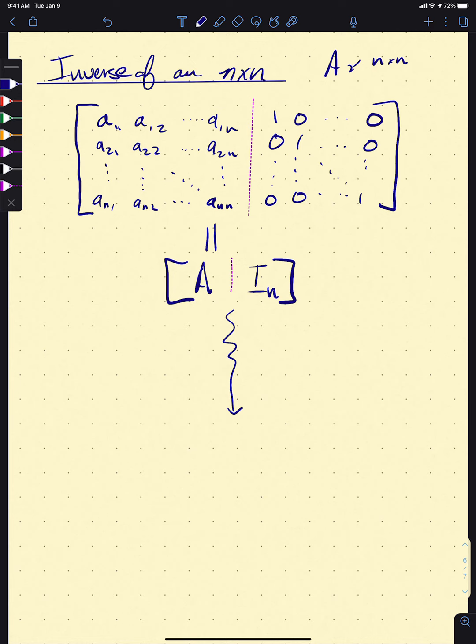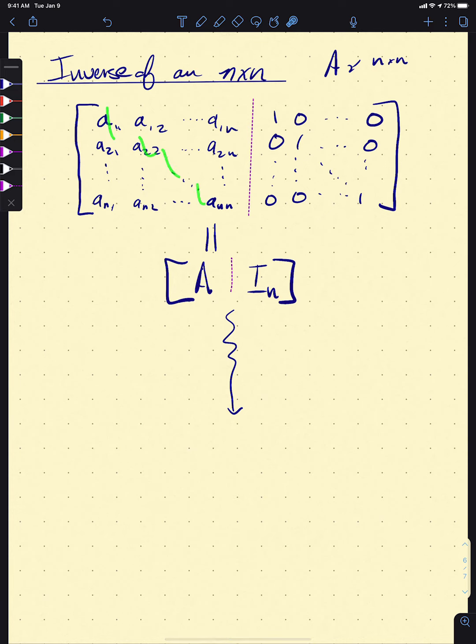When we take this guy all the way to RREF, like we looked at last week, because it was kind of cool and handy and lets you avoid back substitution, what you get is an identity matrix, right?